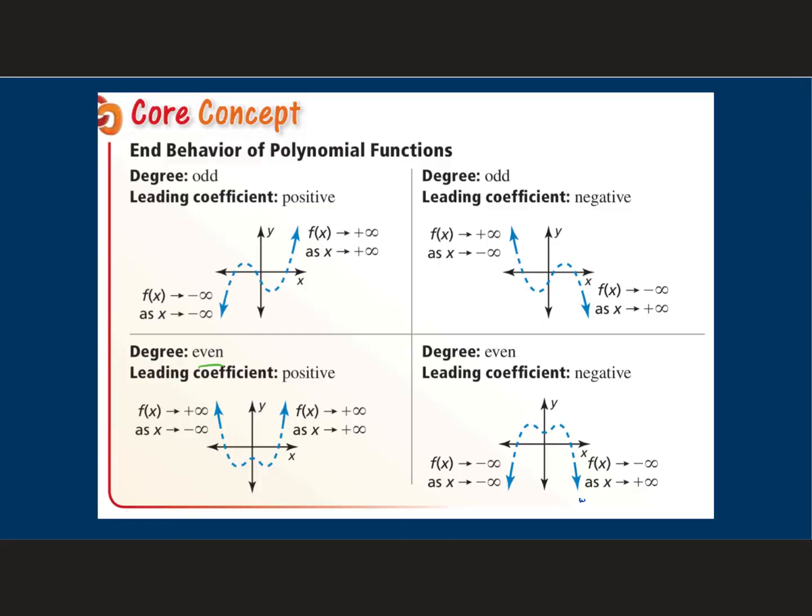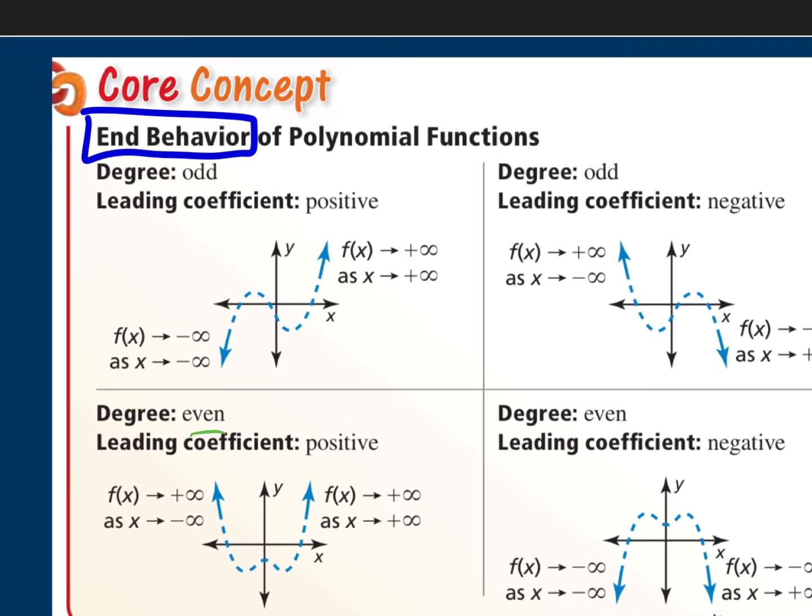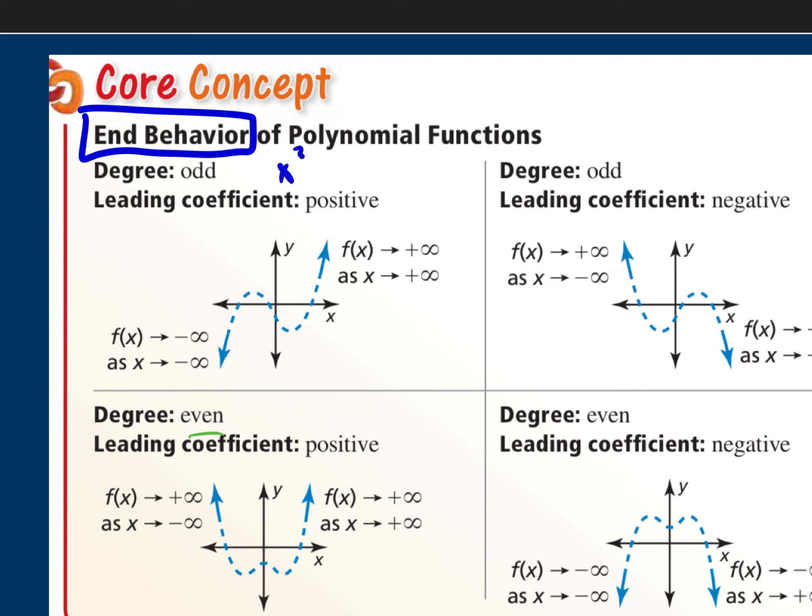So here it talks about the end behavior of polynomial functions. Again, there's no math going on here to determine the end behavior. It's kind of just memorization. So if our degree is odd, so let's say it was like an x to the 3rd power or x to the 5th power, and the leading coefficient is positive, then the left arrow of the graph is going to go down and the right arrow goes up.